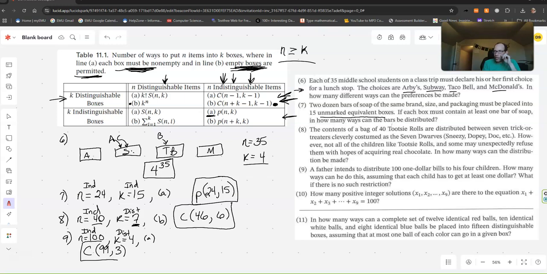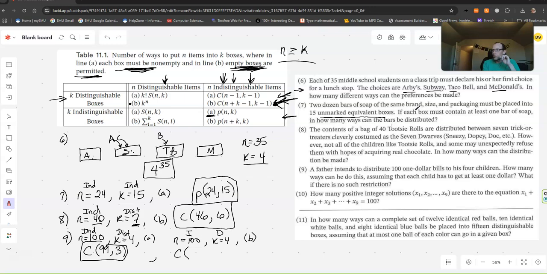And then part B, still going to have 100 indistinguishable items. You'd have 4 distinguishable children, but now you're allowing empty, if they don't revolt against you for such an atrocity. So in that case, we're going to be in the same place, except we're going to be back down at the bottom.